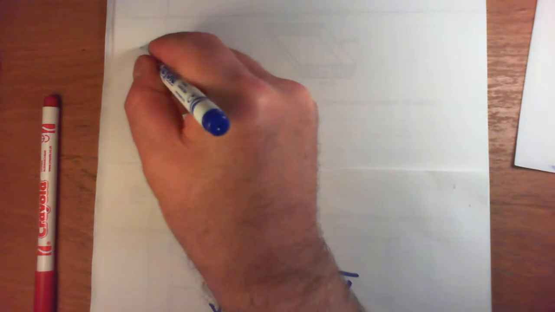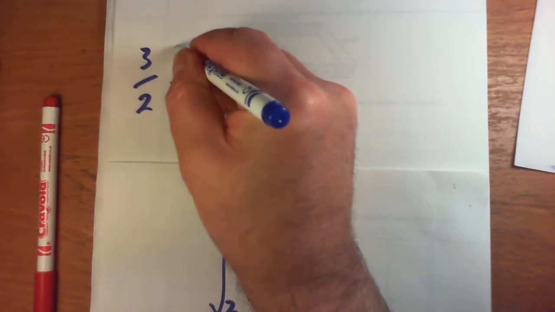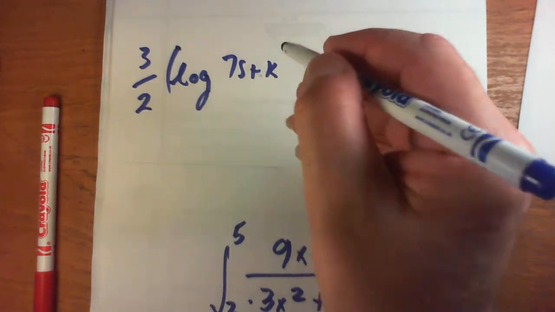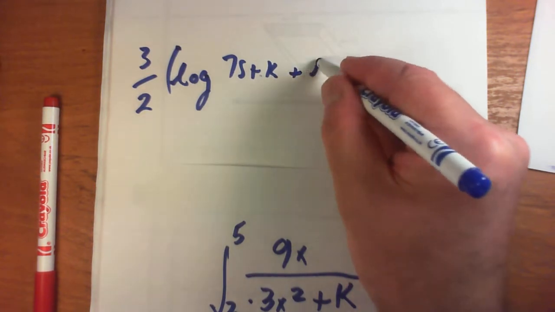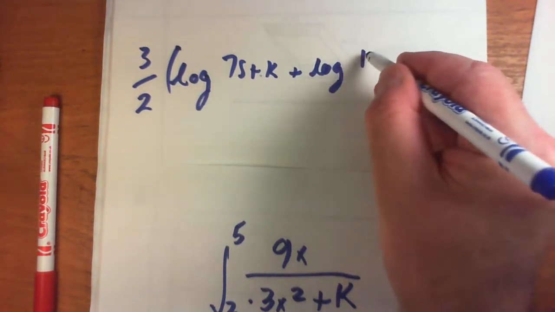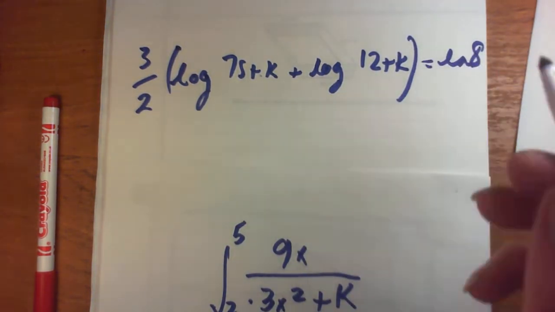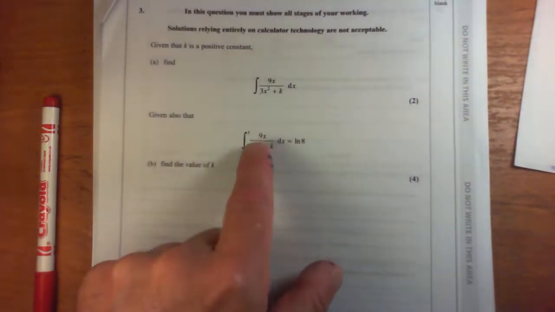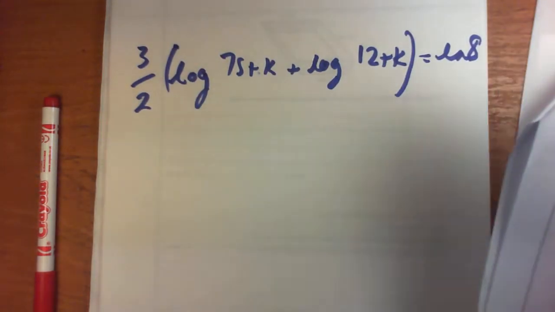So what you're going to have is 3 over 2 log 75 plus k plus log 12 plus k equals log 8. Sorry, I'll go back to the question again. So it is adjusting that integral here to log 8. So again, that's basically what you do get eventually.